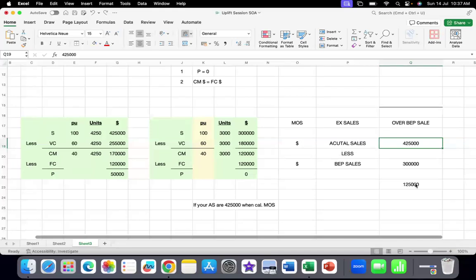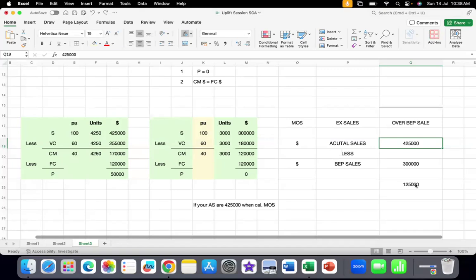There could be questions in the exam wherein there are two companies. One company wants to calculate the margin of safety before achieving the break-even point, and there is another company who has already achieved the break-even point and has to calculate margin of safety. And you would be required to comment on that.